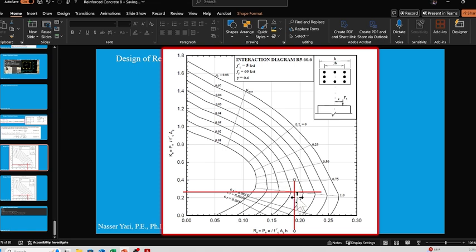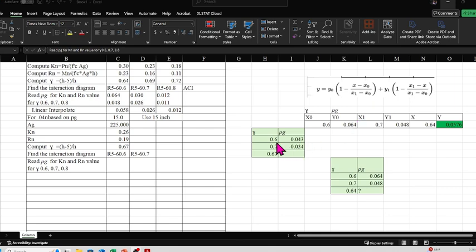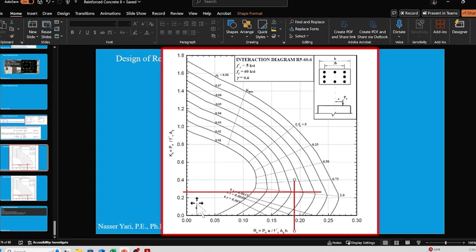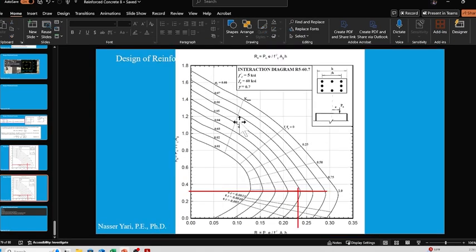Your number might be a little bit off, but you know, I got 0.043, you might get 0.044, but either one is fine. So I'm going to come in here in my Excel and type in right here 0.6, 0.04. Now I'm going to go back to plot the same thing for 0.7. So that's gamma equal 0.7.